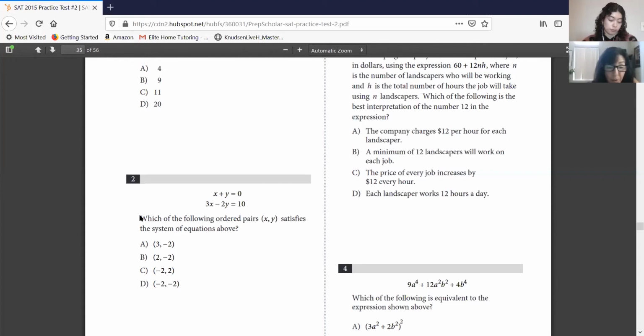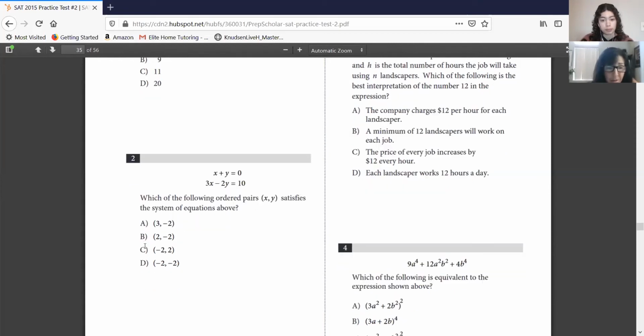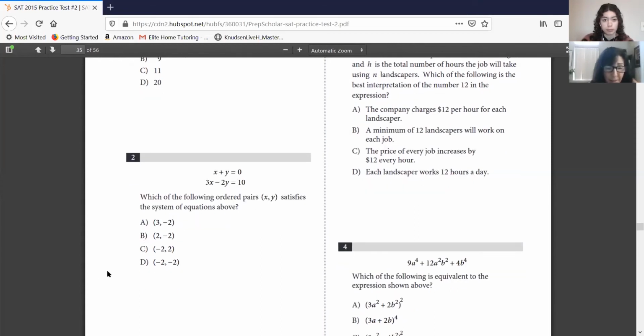However, you don't have a calculator to speed things up, and you do have answers in front of you. So let's try plugging in the answers and eliminating as you go. I'm going to look at both of my equations. The first equation is simpler, so I'm going to use that one to first plug in my answers.